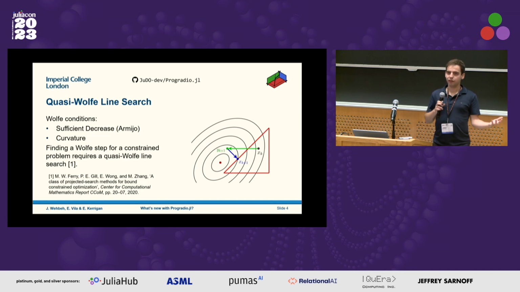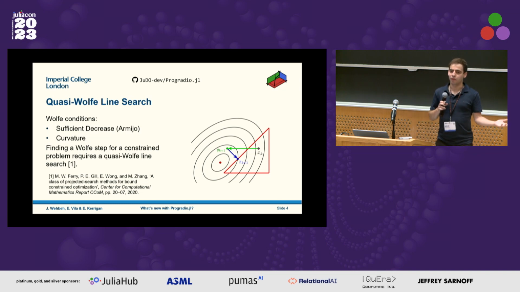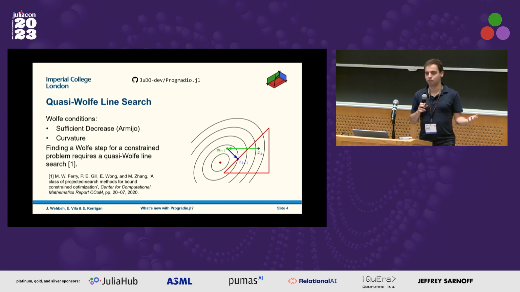And that works, but it can be slow in some cases because you can end up finding very short steps that don't make that much progress, or you can end up stuck in some loops that just don't help you that much.